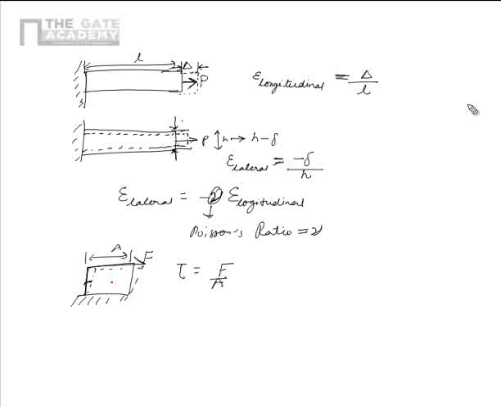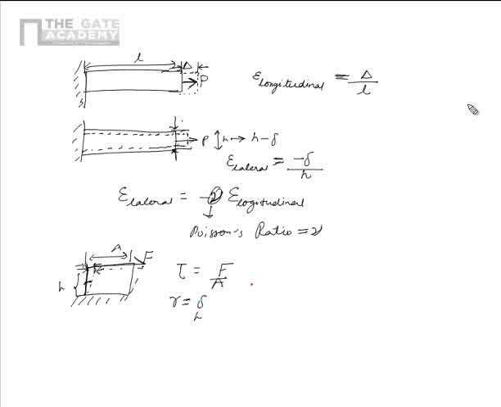This angle is called shear strain, and it is given by the distortion here, that small sideways movement, let's say it is called delta, upon the height of the slab.